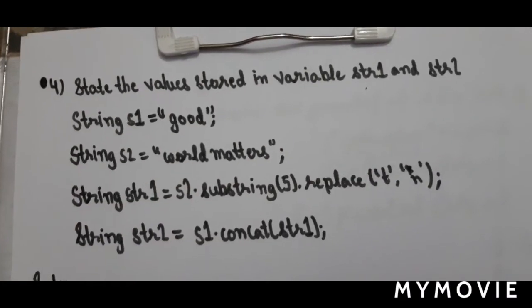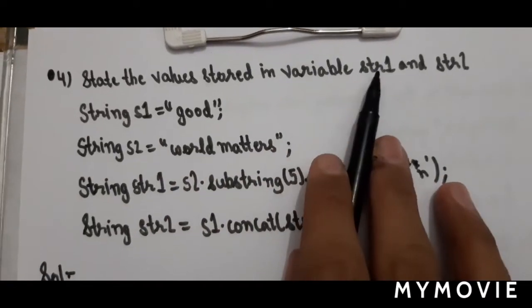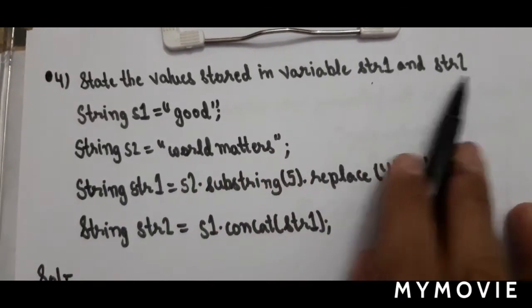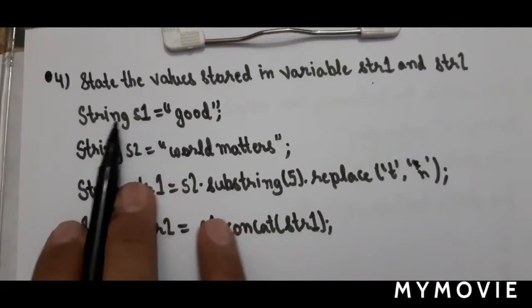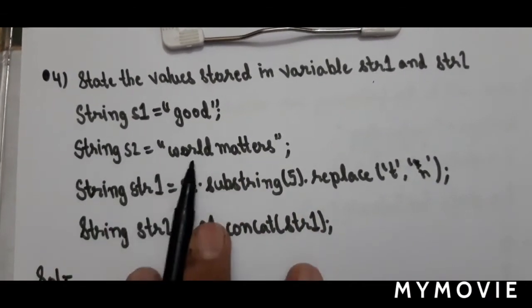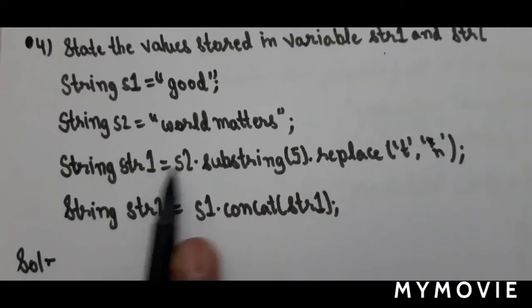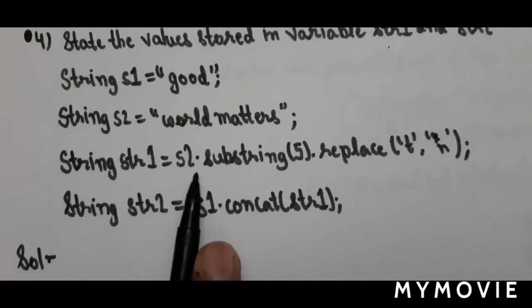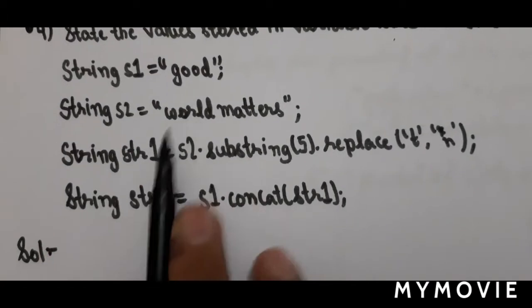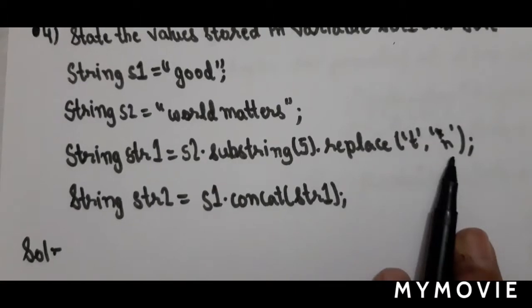Friends, our fourth question is: state the values stored in variables String str1 and str2. We are provided with String s1 is "good" and String s2 is "world matters". For String str1, we should take s2.substring(5) and replace t with n.